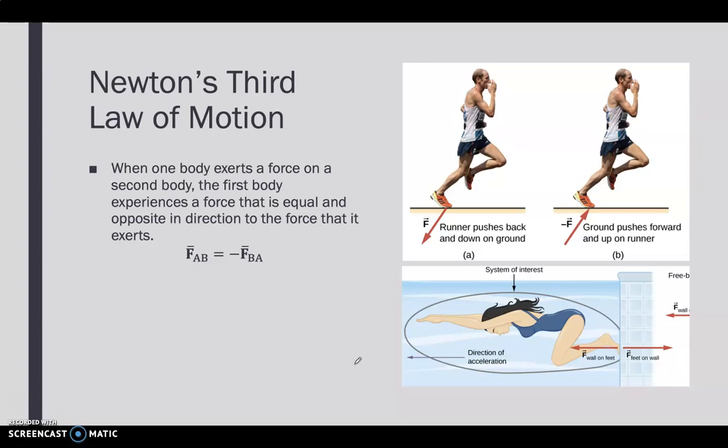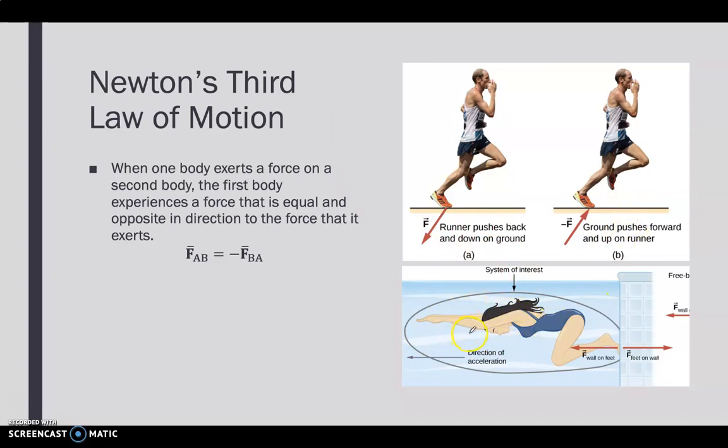If this person is running, the runner is pushing on the ground, and the ground is pushing back up on the runner. It's kind of a weird concept at first, but hopefully through examples we will understand it better.